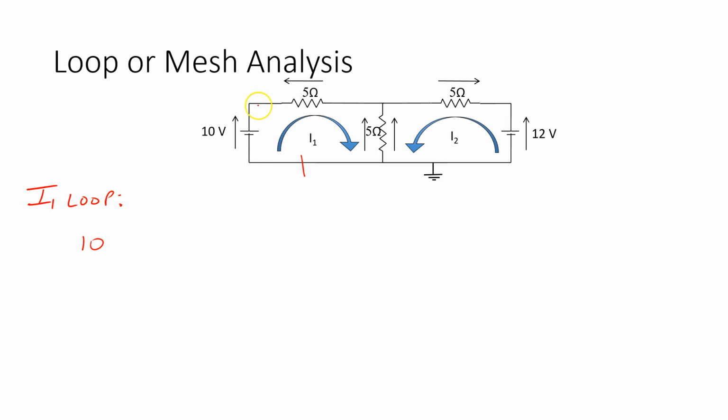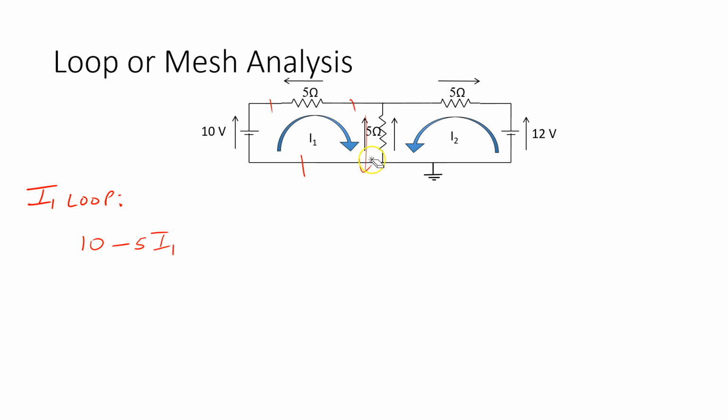Then I have the voltage arrow now is going in the opposite direction, so I have to minus. So I minus 5 multiplied by I1, which is the voltage across this 5 ohm resistor. And then, so I went from this point to this point with the 10 volts, then I came to this point with the 5 I1. Now I have to come back down to this point.